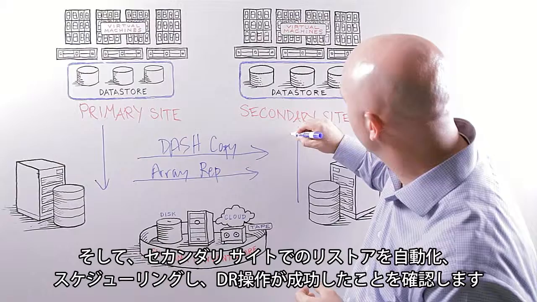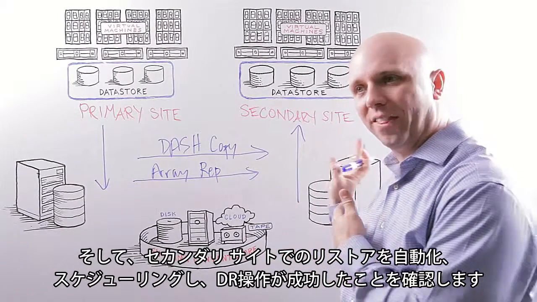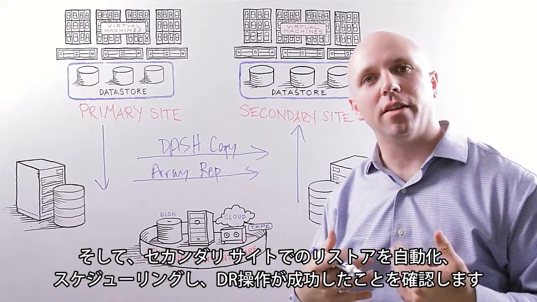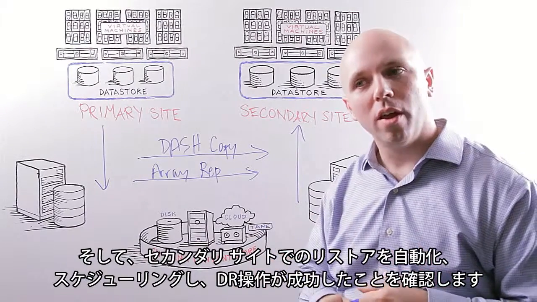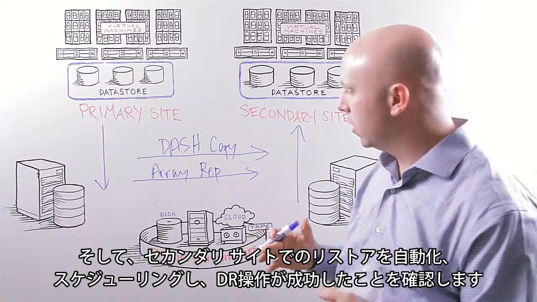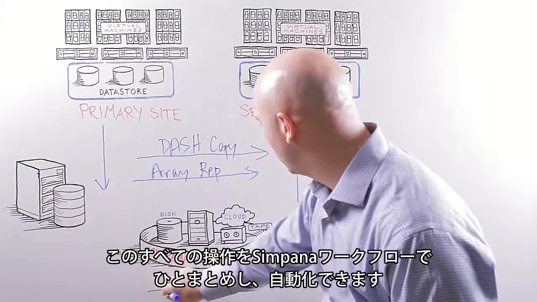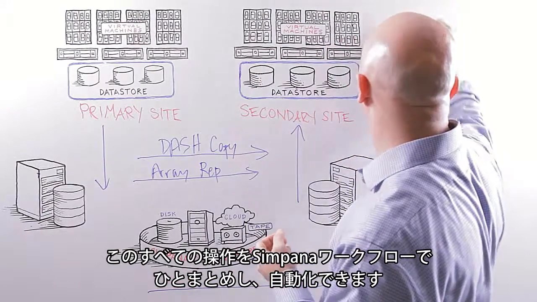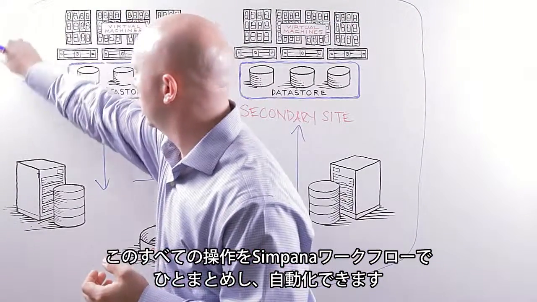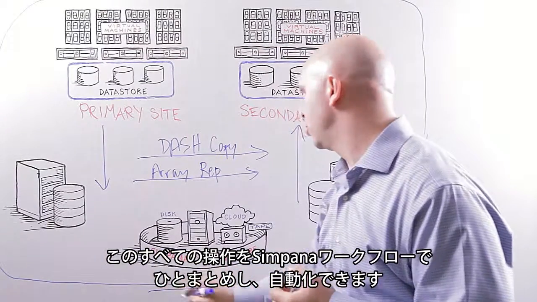And then we can automate and schedule restores at the secondary site to validate that we have a successful DR operation. And then we can wrap all of this in the Simpana workflow automation.